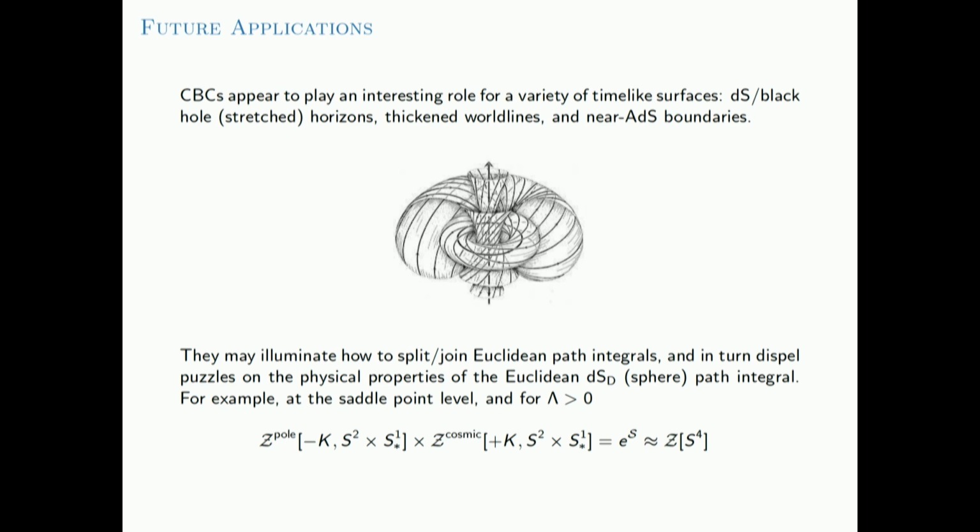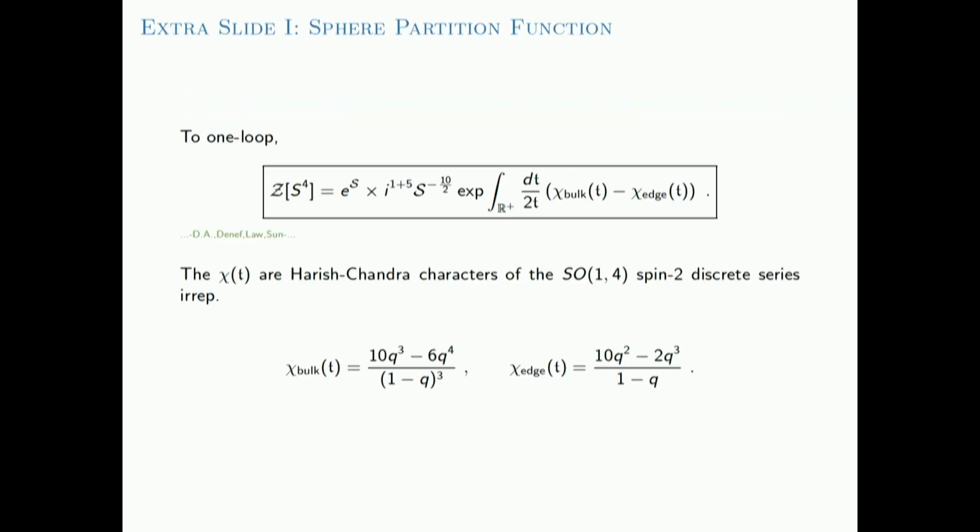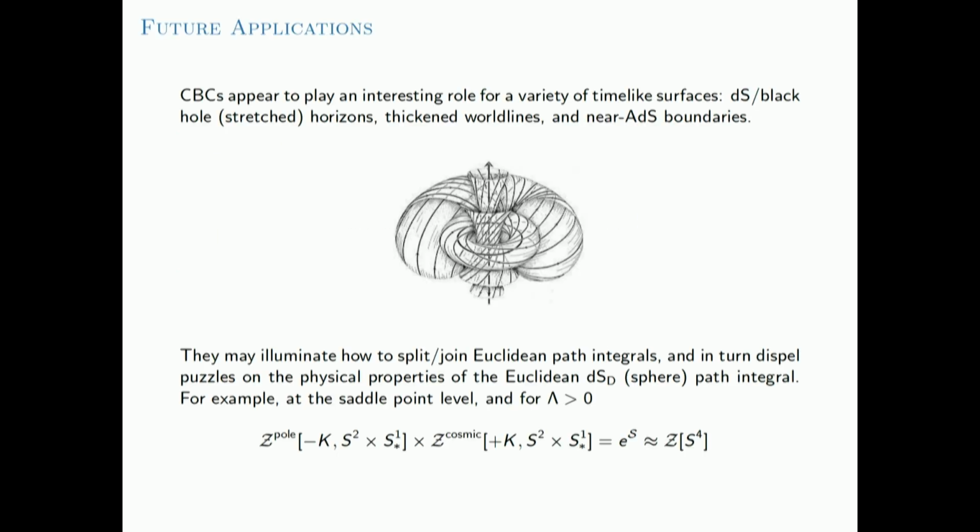It would be very nice to understand the nature of this formula to beyond the leading saddle point order. And since I have a minute, I have a special slide just to make the point more precise. At one loop, these expressions have very nice and very suggestive structure. And so I think we have a very clear-cut target to try to hit.